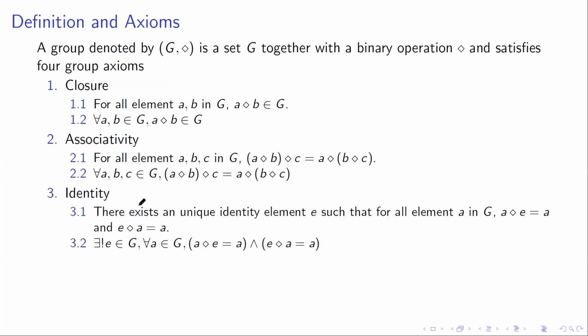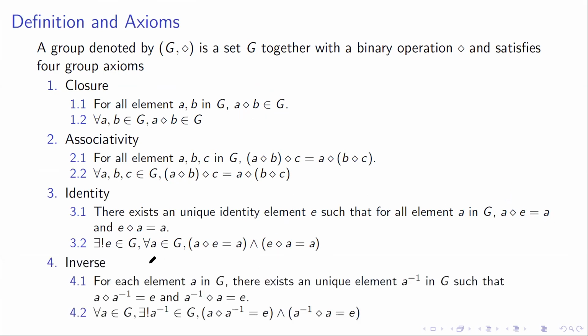And the identity property says that there exists a unique identity element e such that for all elements a in G, a diamond e equals a, and it's true in the other direction too. This identity element is like doing nothing; you just return back the other element.